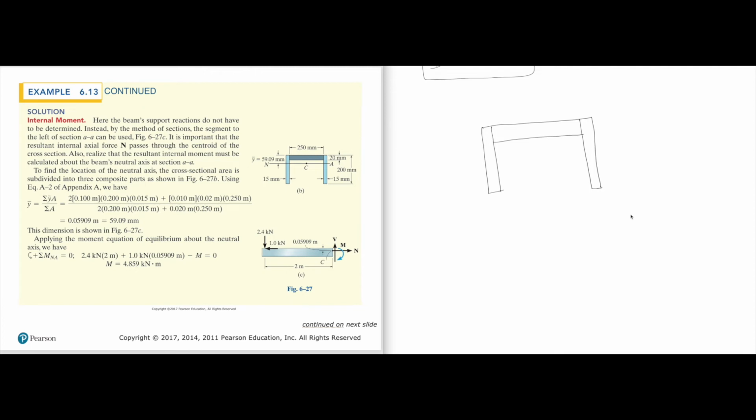And the dimensions given are this is 20 mm. This is 15 mm. And this is 250 mm.